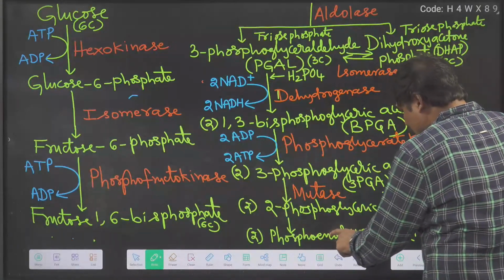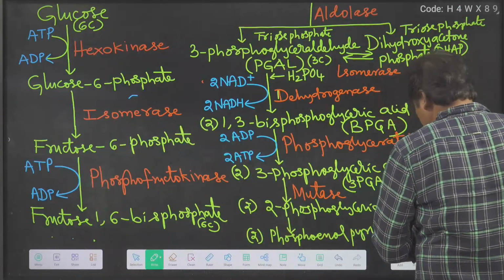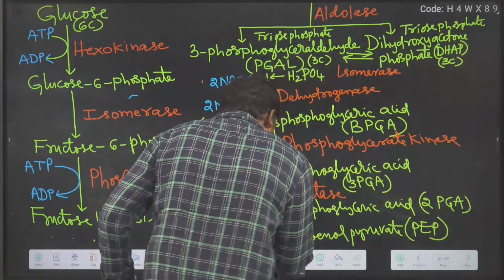Phosphoenol pyruvic acid. 2 molecules of phosphoenol pyruvic acid. Here dehydration takes place.